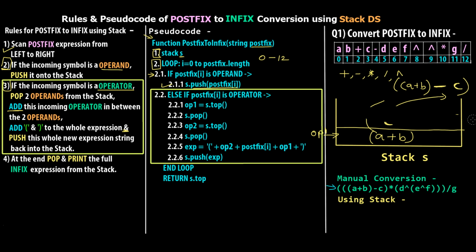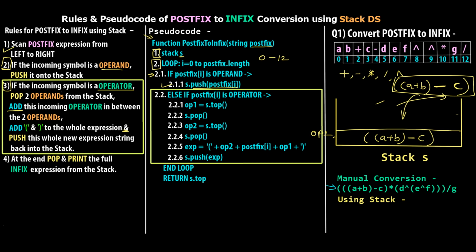So we've popped these out, and now we've created this entire expression string, and we will again put this back into the stack. So now we will get (A + B) in brackets and then minus C inside this larger bracket. Now you can see how the infix expression is formulating from this postfix expression, and of course things will get clearer when we actually dry run this entire pseudocode on our example. Right now I was just trying to demonstrate how things would work.